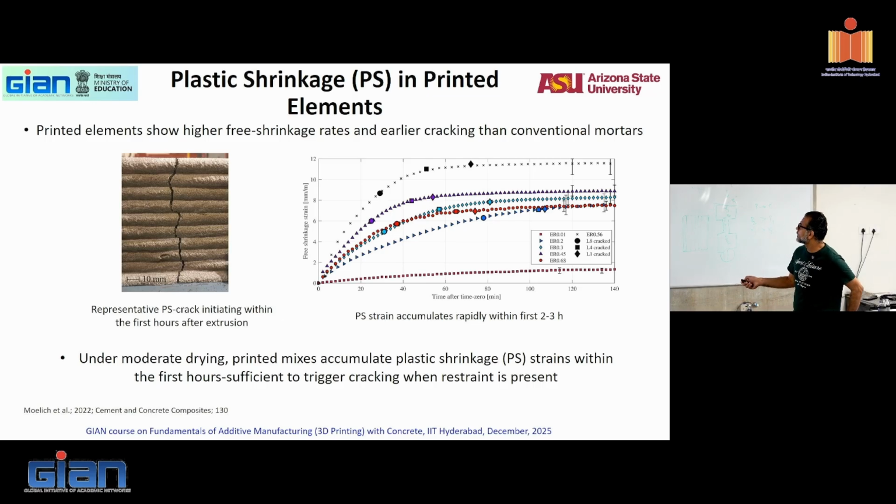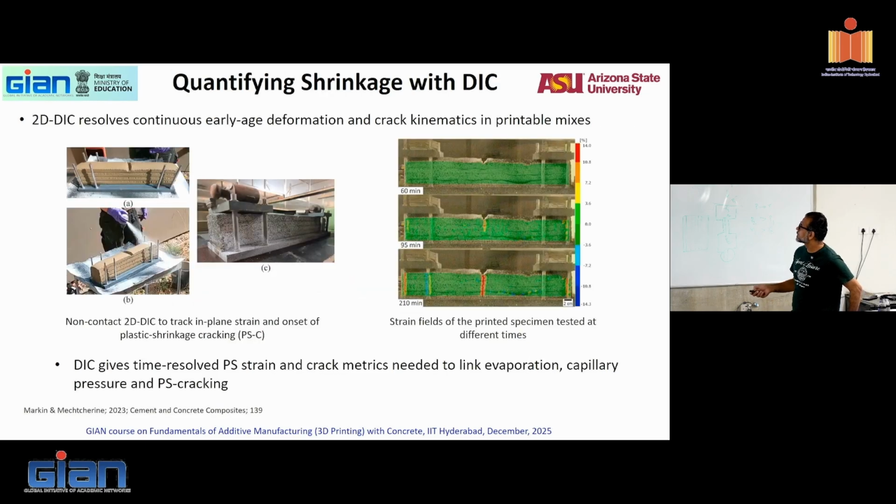So you will see that. This is time, and you see how the plastic shrinkage strain starts to develop at early ages. Here are some digital image correlation methods for early age shrinkage and plastic strain. We'll show you some more of that.